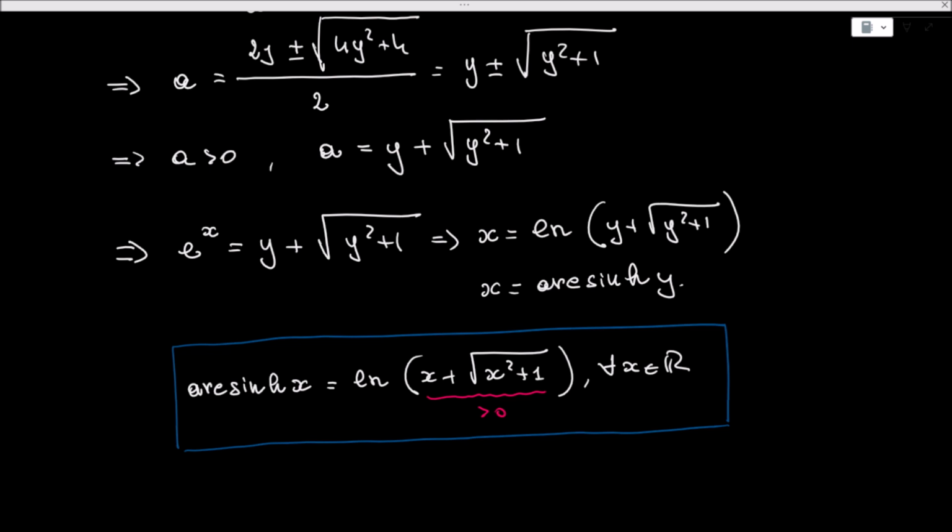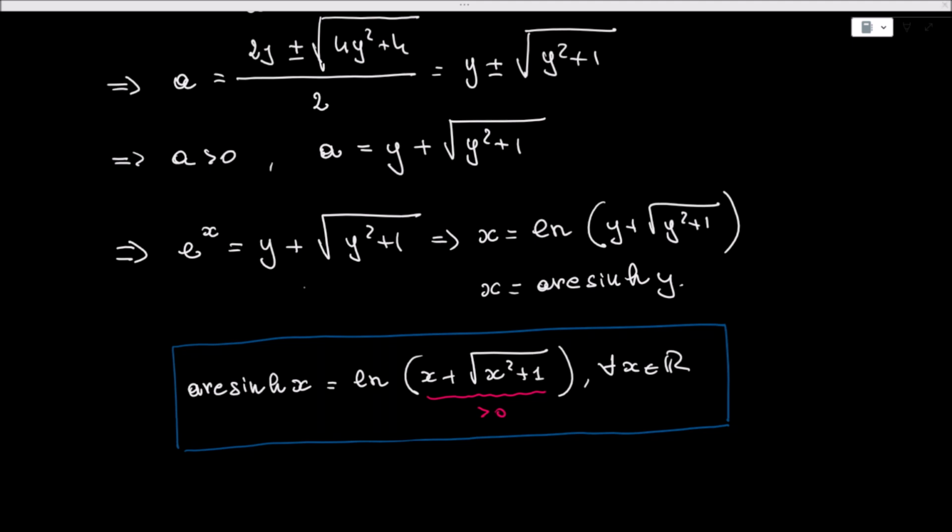And so clearly this is well defined because the square root of x squared plus 1, of course, is something which is larger than x, okay? So even if x is negative, when we take x plus the square root of x squared plus 1, we always get a positive number.